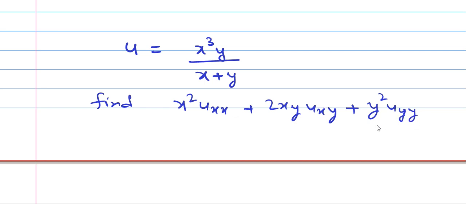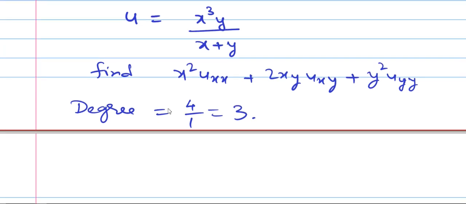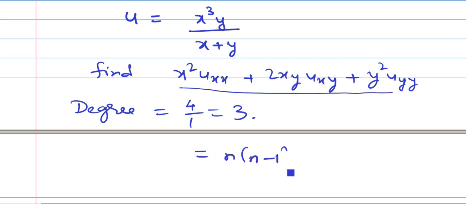First of all, the degree: the numerator has degree 4 and the denominator has degree 1, so the overall degree is 3. By Euler's formula, it is n minus 1 into u. The n value is 3, so 3 minus 1 is 2 into u. So the answer for this question is 2u.